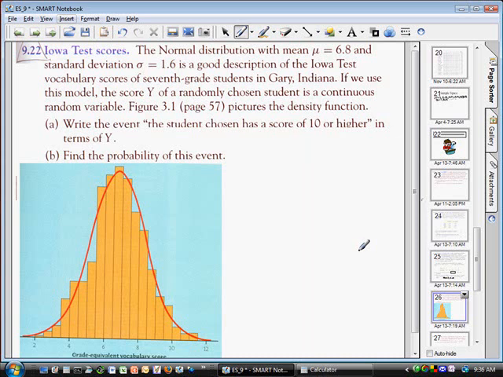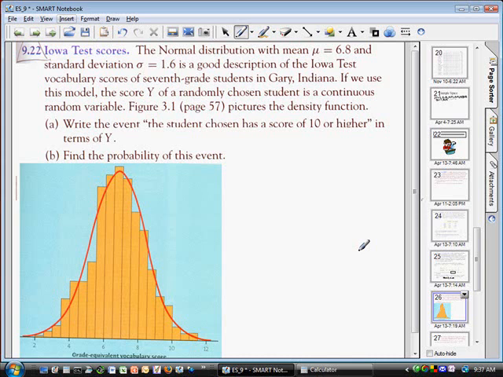Normal distribution for Iowa scores with a mean 6.8, standard deviation 1.6 is a good description of the Iowa test vocabulary scores of 7th grade students in Gary, Indiana. If we use this model, the score y of a randomly chosen student is a continuous random variable. And he said the figure is on page 57. I decided to put it right on here to be more convenient.